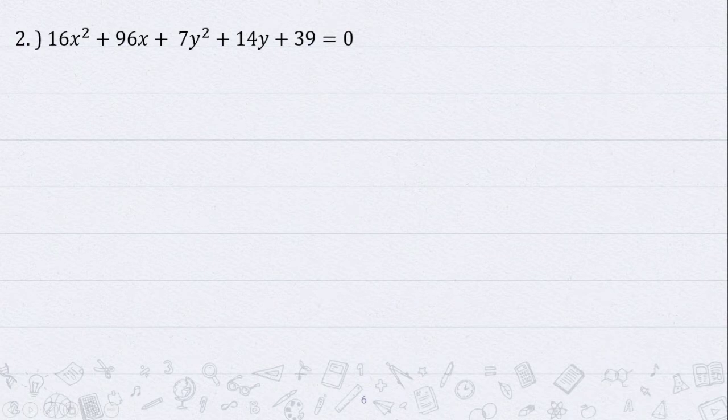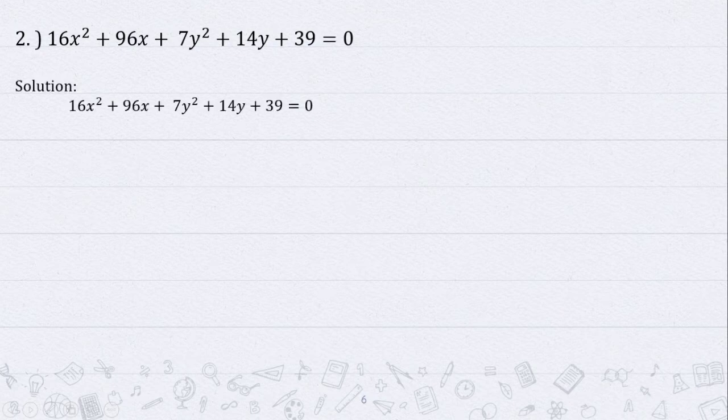As you can see, this is in standard form with 5 units on the left side. Therefore, our expected center here is any point with coordinates h, k. Let us now make this into standard form. For our first step, we have to regroup terms with the same variable, and also our constant should be on the right side.